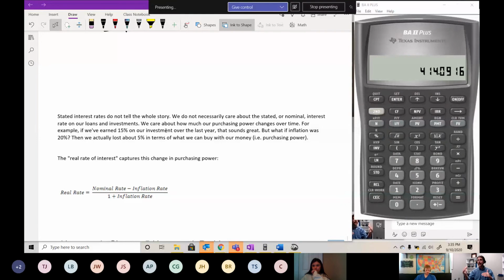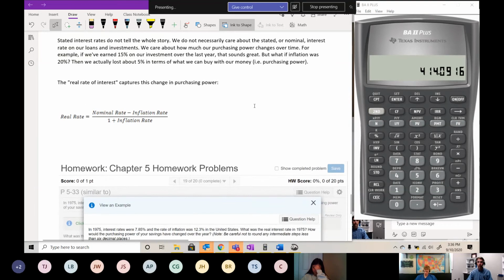So what actually happened is, from last year to now, you can buy 5% less stuff than you could at the beginning of the year. All right, so your purchasing power actually eroded. Although you had a positive, wonderful sounding 15% rate of return, you're actually worse off in terms of what you can buy. So we need a way to take care of that, or a way to account for it.